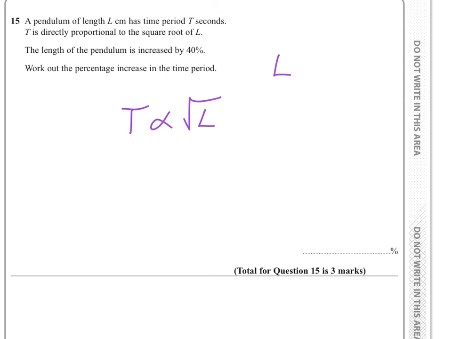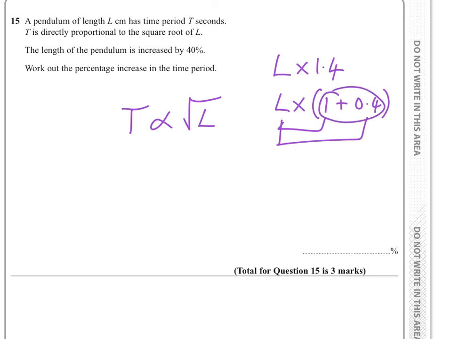If you want something to increase by 40% all in one go, then you would just times that number by 1.4, and that would give you 1, which is where you started, plus 0.4 of the amount added all on together in one go.